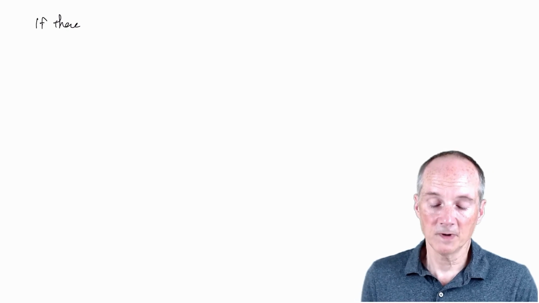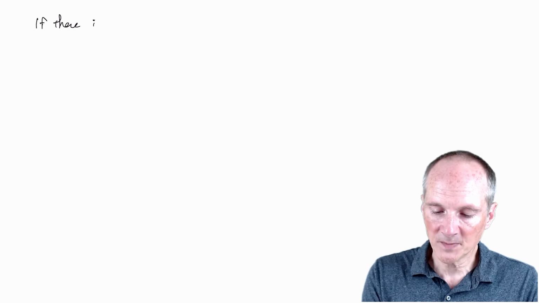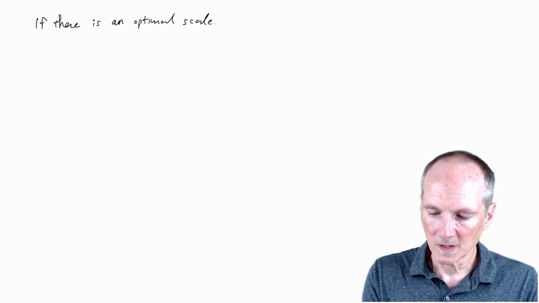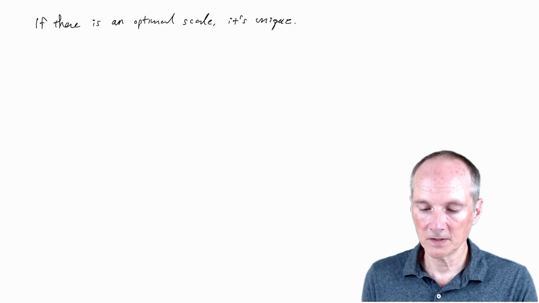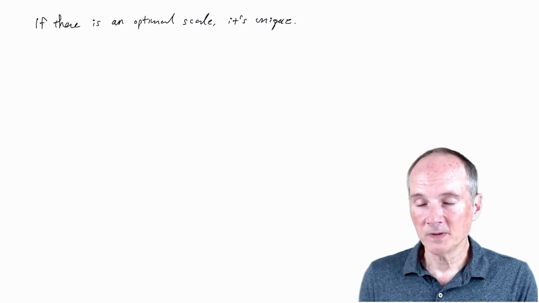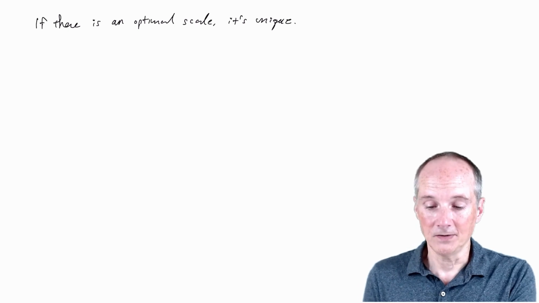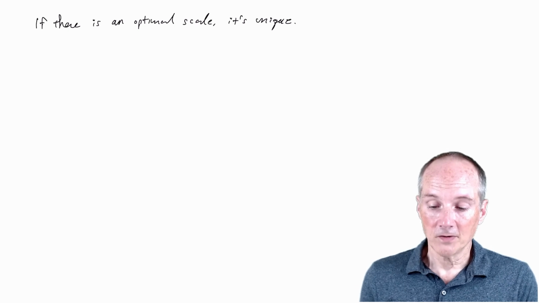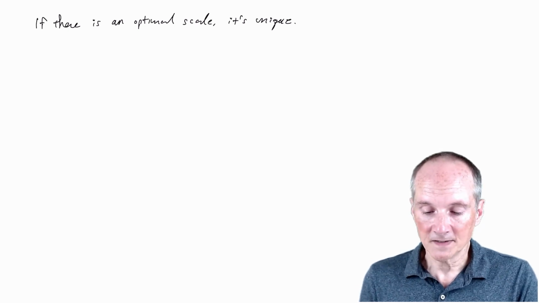So with the structure that we're imposing on the problem already, if there is an optimal scale, it's unique. Okay, so it wouldn't be a huge problem if there were more than one optimal scale, but this is something that you just like to know. So then we can refer to the optimal scale. It just simplifies things a bit.